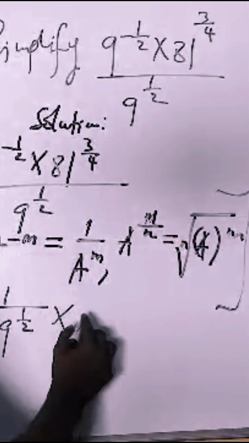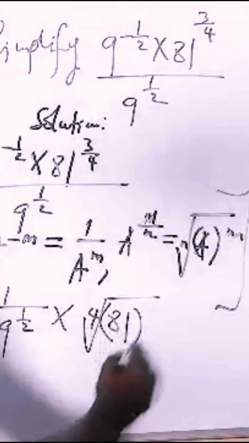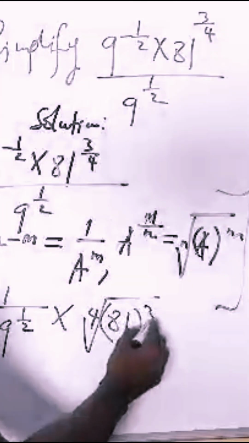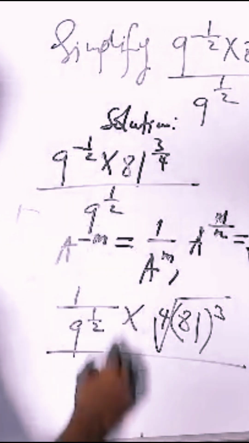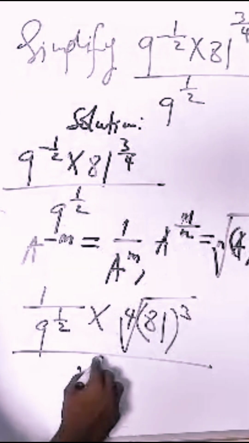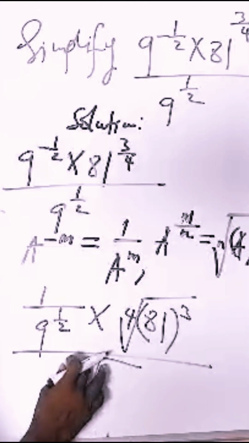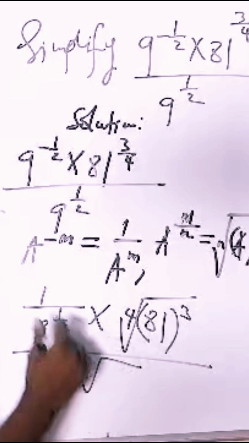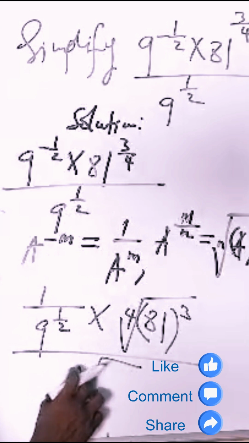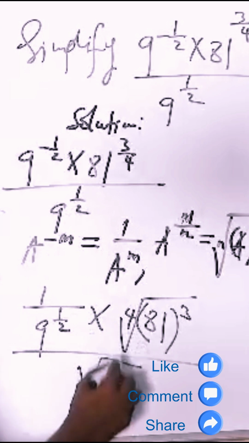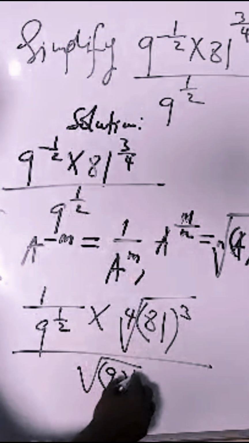So this becomes the fourth root of 81, close the bracket, raised to the power of the numerator, which is 3, all divided by, again applying this law, the square root, because the denominator here is 2. You can as well choose to put the 2 or remove it, because the root alone already indicates that the power here is 2. So we have the square root of 9, close the bracket, raised to the numerator, which in this case is 1.